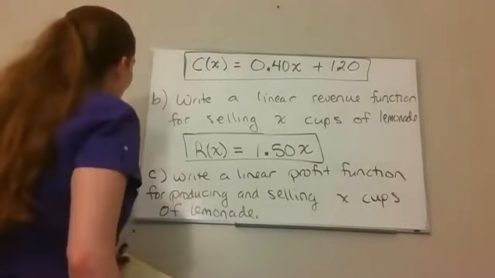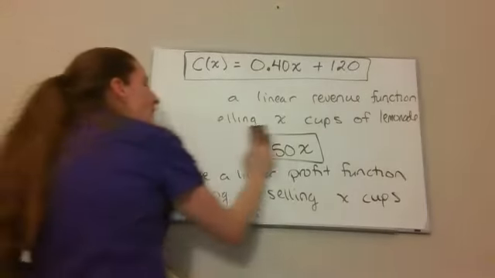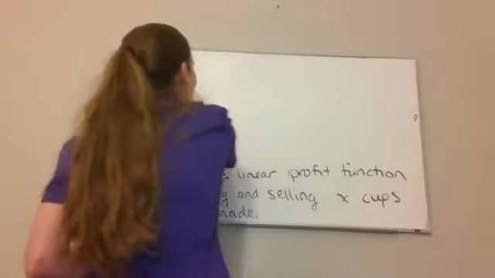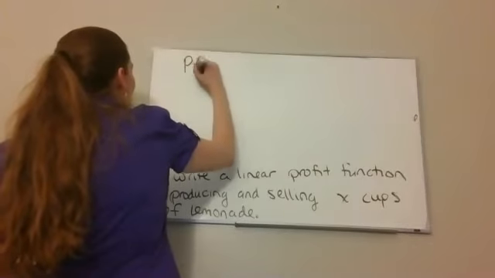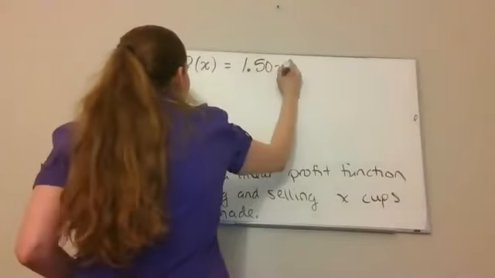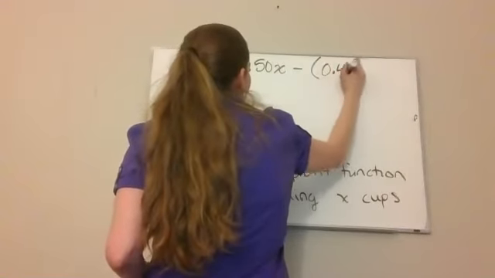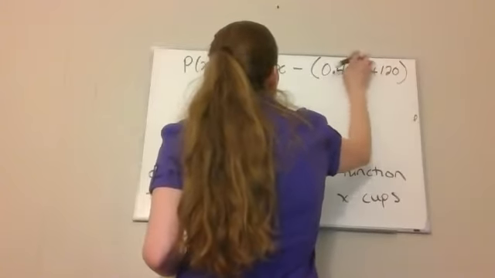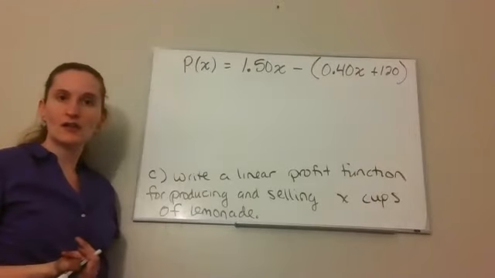So I already have my cost function and my revenue function. So my profit function is going to be my revenue minus my cost. So I get profit is my revenue function minus my cost function. Only thing you really have to be careful is make sure you're subtracting all of the cost function.